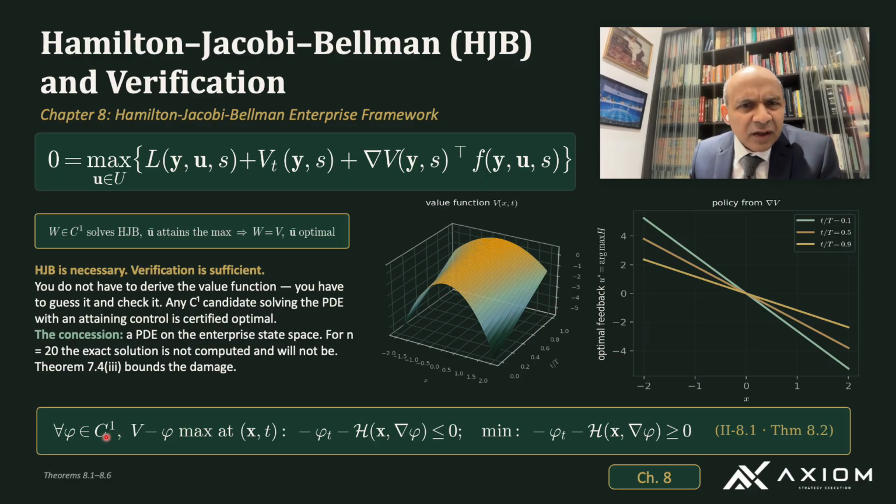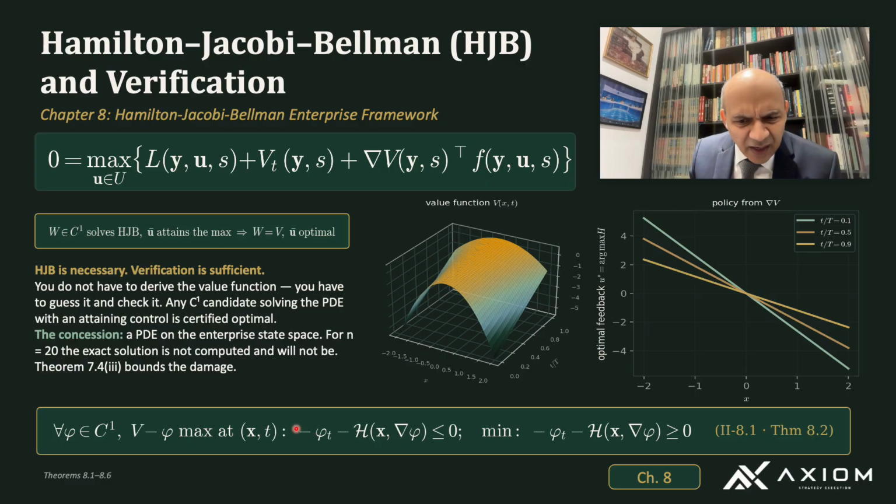So we have, for all phi in C1: if V minus phi has a local maximum, then this particular expression will be negative, and if V minus phi has a local minimum, then this expression will be positive. So that's the viscosity solution characterization.